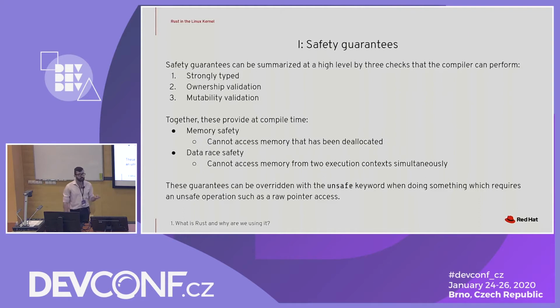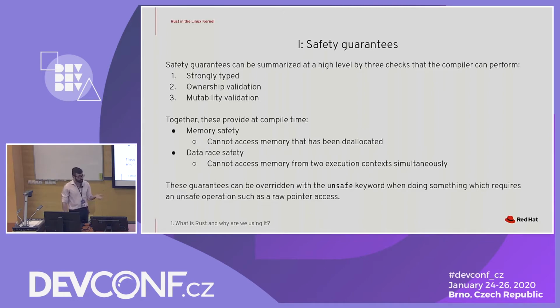So we'll talk a little bit about the safety guarantees. Rust is strongly typed, so it's able to do some pretty intense type validation for you. It has ownership validation, which at a high level is what scope owns this data at what time. It's also able to do mutability validation, which essentially says when we have references, which of these references can mutate at a given time.